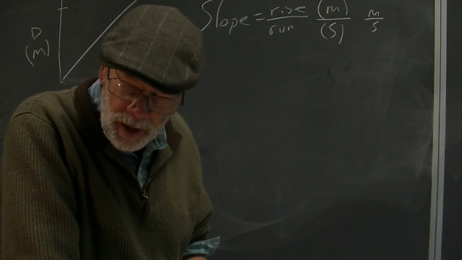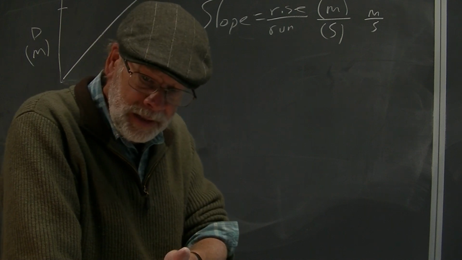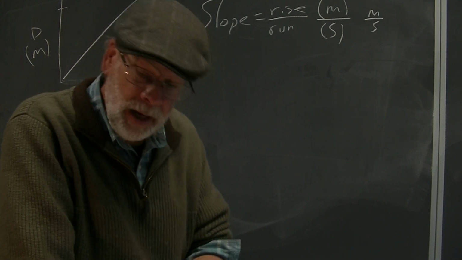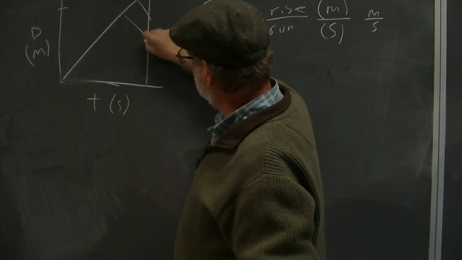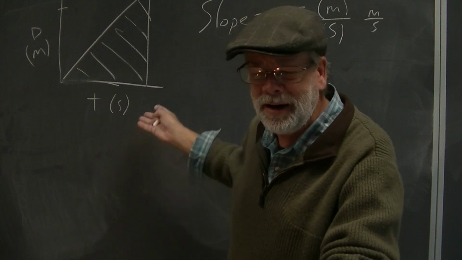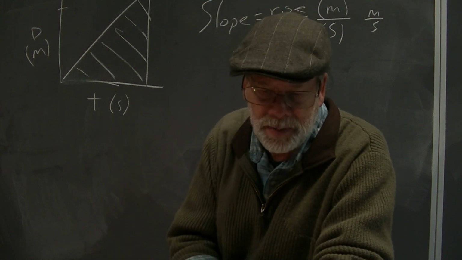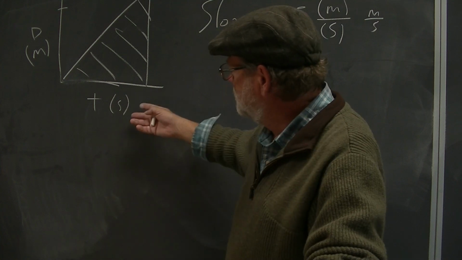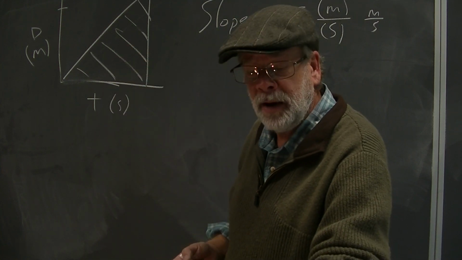The other concept that we often will talk about with graphs is the area under the curve. And with all things, the units tell you what the meaning is, or even if it has any meaning. So let's look at the area under the curve here. If I were to mark off the area under the curve, what formula do we use? I recognize it's a triangle, so we use 1/2 base times height. Well, on this, we're not looking for a number, so just base times height gives you the meaning of it.